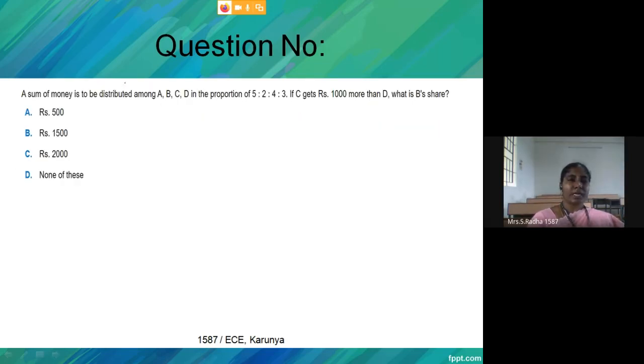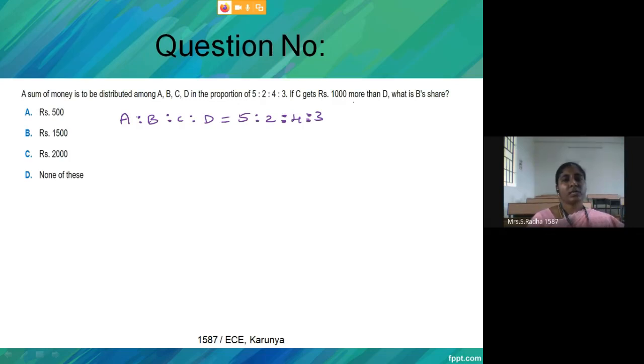Whatever is given, we have to write in terms of equations, so we will come up with some answer. A sum of money is to be distributed among A, B, C, D in the proportion 5 is to 2 is to 4 is to 3. Four people are there.